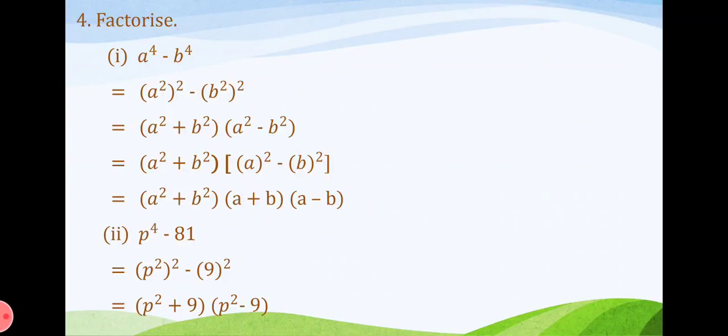Now the first bracket has a plus sign, we leave it as it is. Now the second bracket again has a minus sign and both the terms are perfect squares. P square is the square of p and 9 is the square of 3. So we can further factorize it by applying identity 3. So that is p square plus 9 into p whole square minus 3 whole square, because 9 is the square of 3.